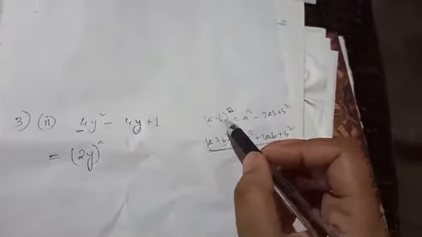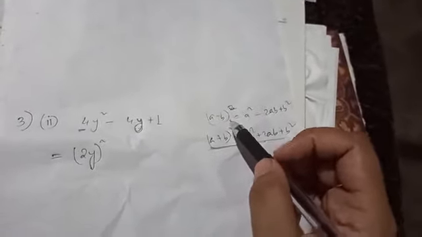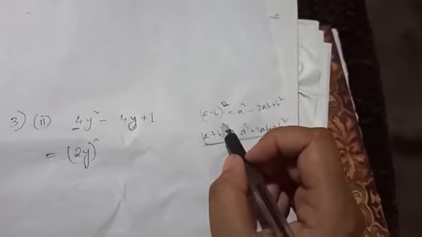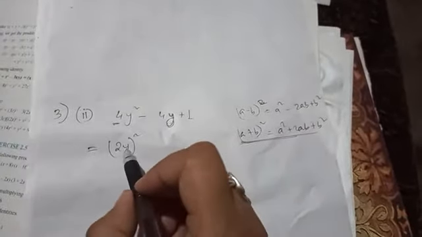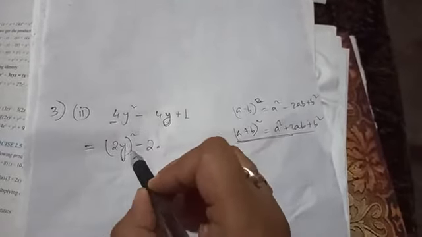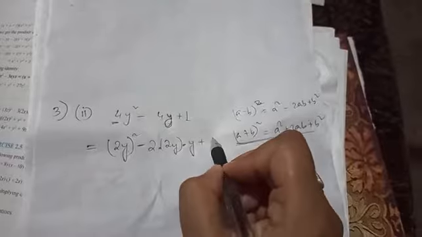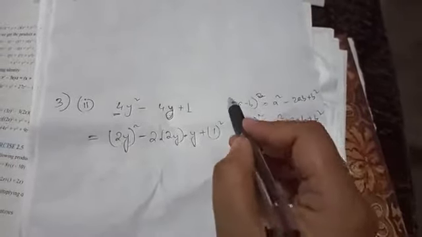Okay, now I'm writing a and b, that is you have to write x minus y. So I think it will be falling under identity number 2. So this is your x square minus twice x into y, plus 1, whole square.